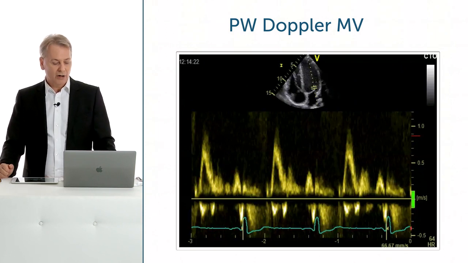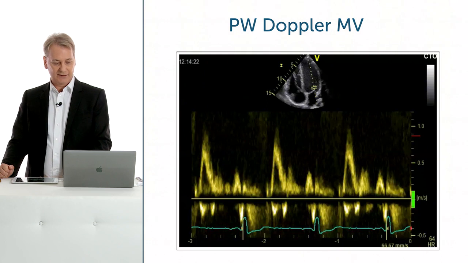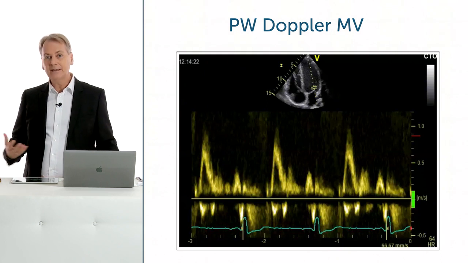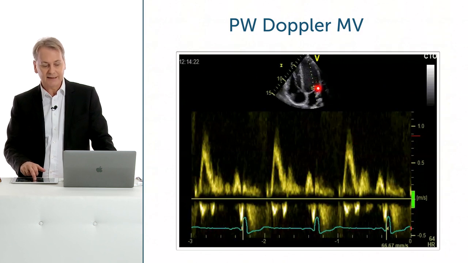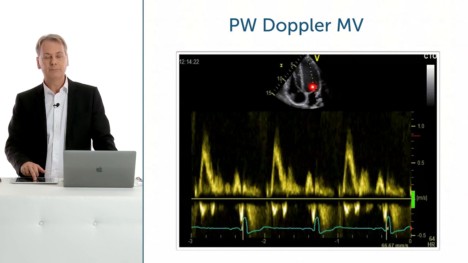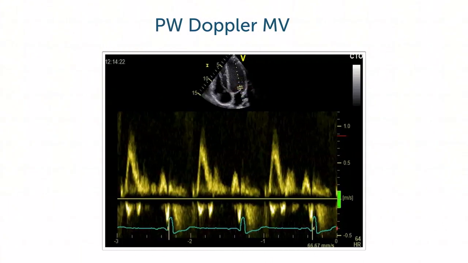We'll talk about all these issues when we look at diastolic dysfunction. But from a technical point of view, it's important that you place the sample volume right at the tips of the leaflets, usually more to the left than to the middle because the posterior leaflet is a little bit shorter. Let's take a look at that in our next demo.